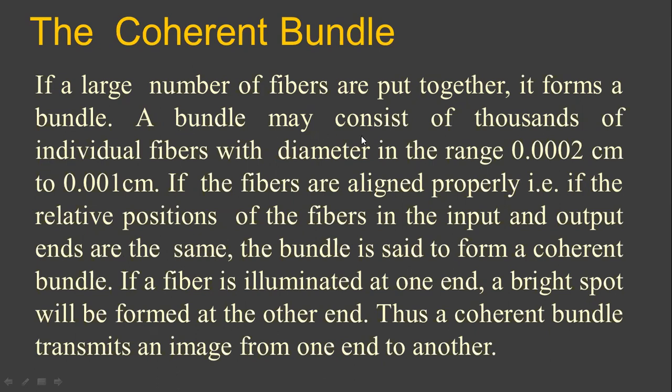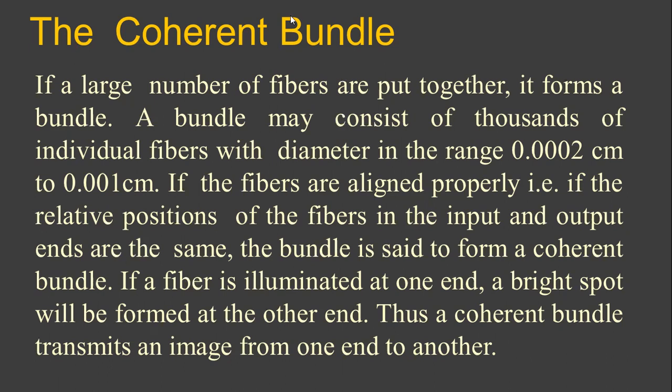A bundle may consist of thousands of individual fibers with a diameter in the range 0.0002 centimeter to 0.001 centimeter. So the diameter of the individual fiber is very, very small.